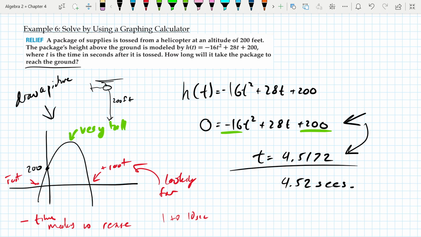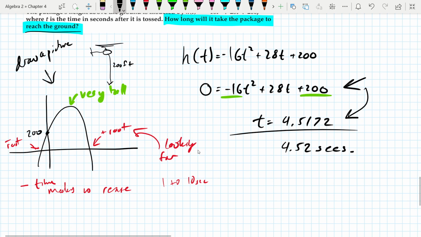Another thing to do is, instead of just writing 4.52 seconds, what you want to write instead is a complete sentence. The way you want to do that is you take the question, how long will it take for the package to reach the ground? And you turn that into a sentence.